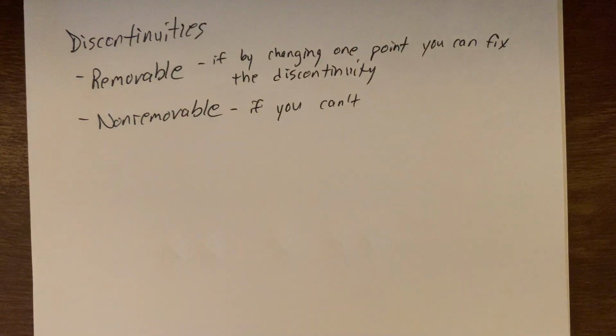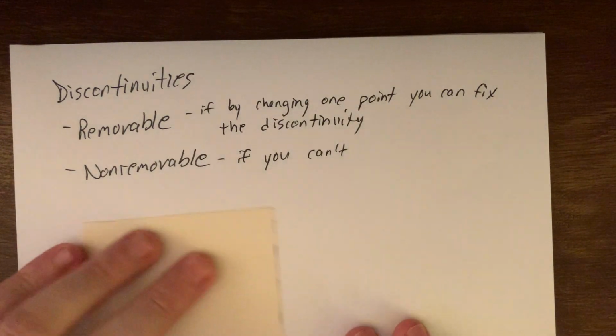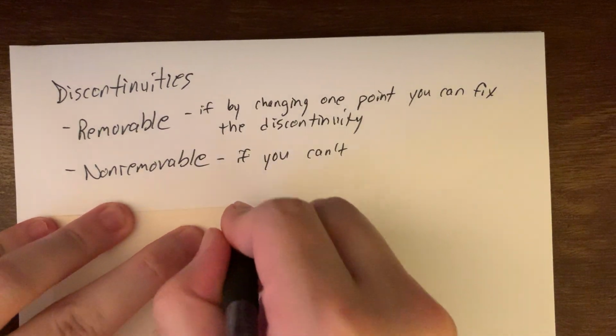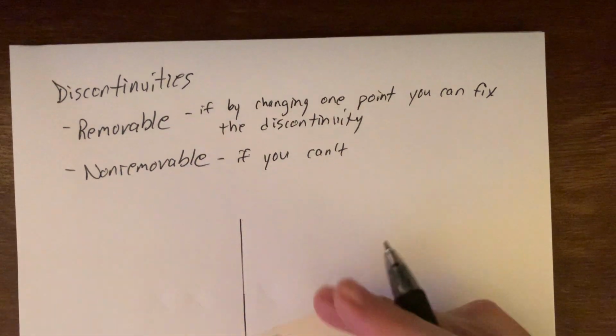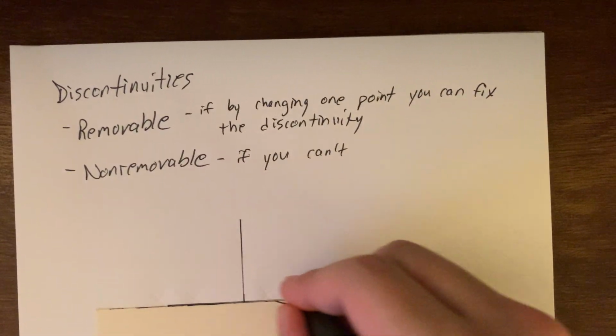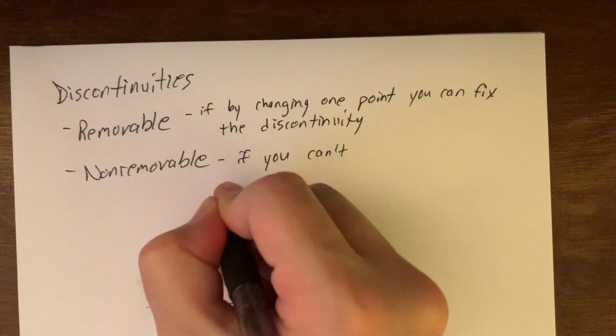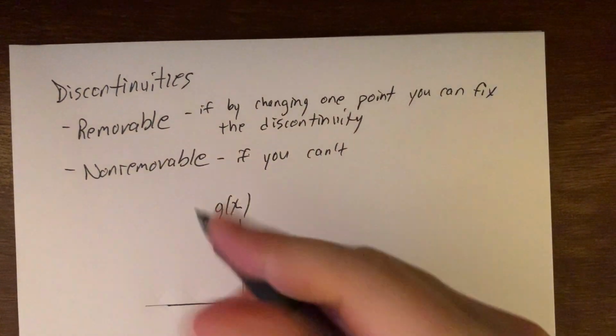Okay, everybody, so let's take a second look. Let's now look at a new quick function. I'm going to draw function g. And we're basically going to ask the same questions just to get a little bit more practice. So here is function g of x.